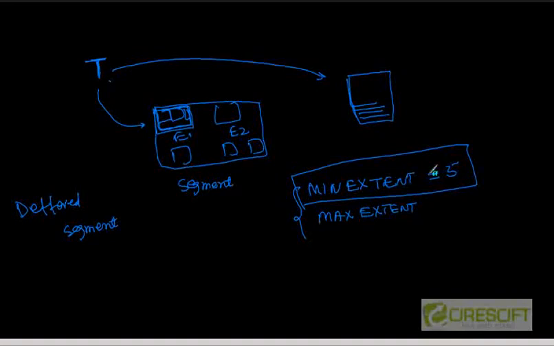Now the next question is, this gives me 5 extents, but what is the size of each extent? That parameter is called initial. If you say initial is 1 MB, in this case 5 MB of space is allocated. For simplicity, let's make it one min extent, so let me draw another diagram.